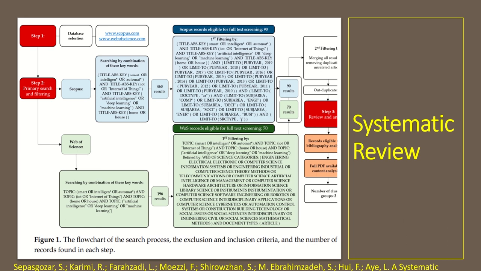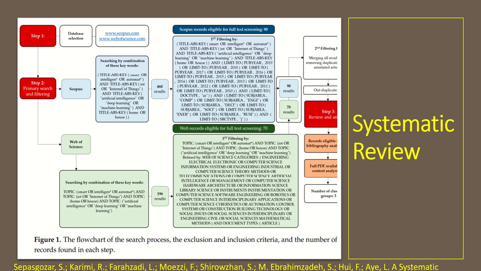For example, here we have a few blue boxes and a few green boxes, so it means two different databases used in this specific paper. And for example, the result of the Scopus database was 460, and then later some eligibility criteria applied and the result decreased to 90.